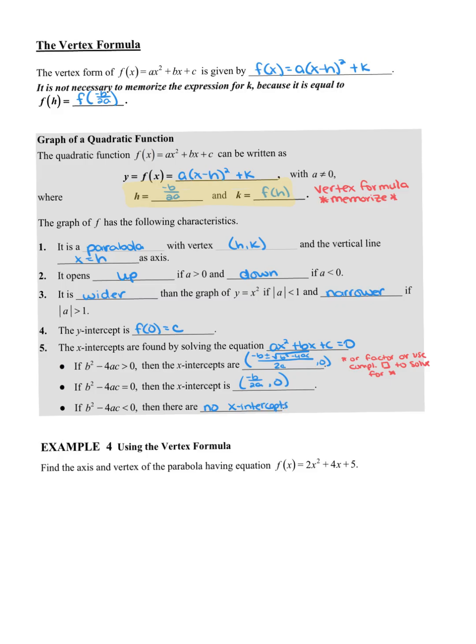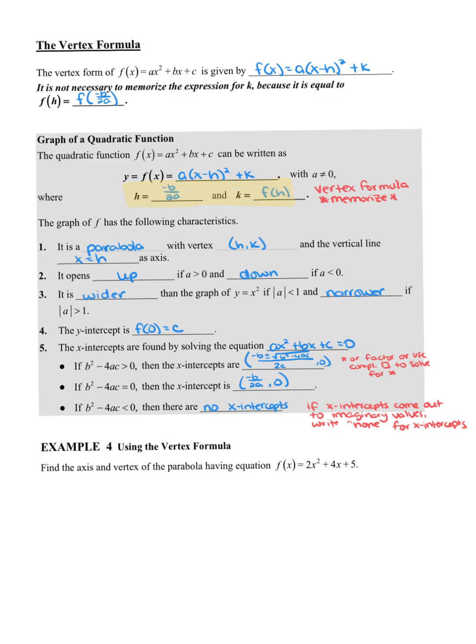So if you solve for x and you get imaginary values, then you need to write none for x-intercepts.